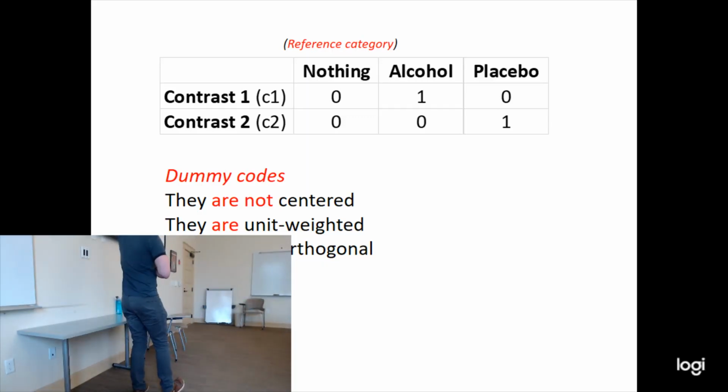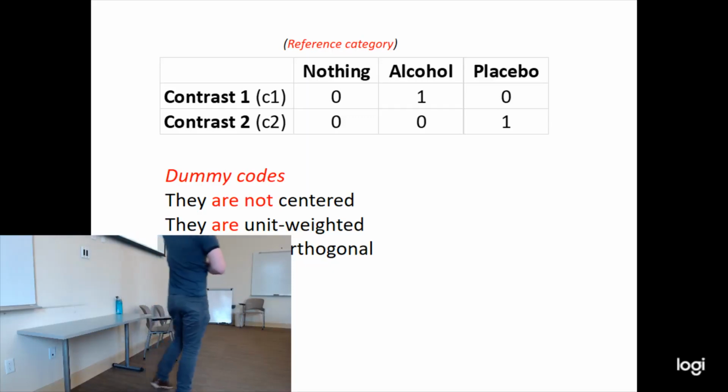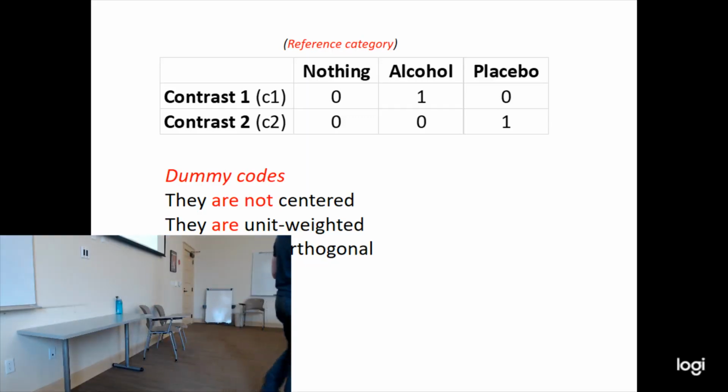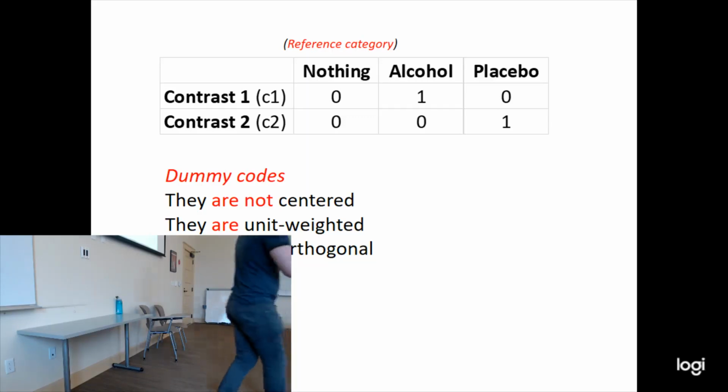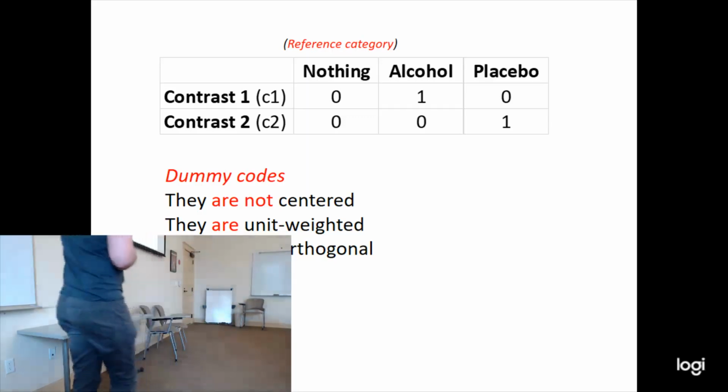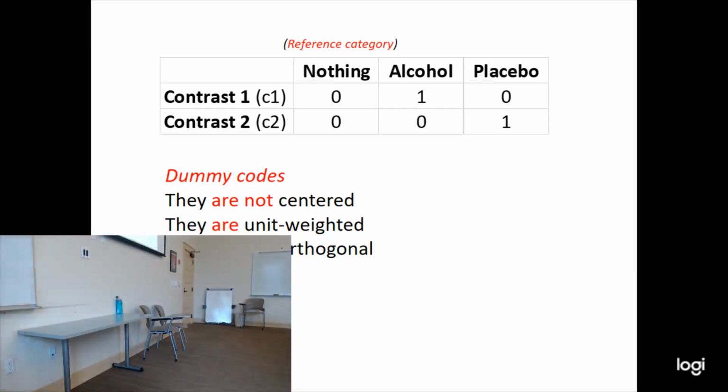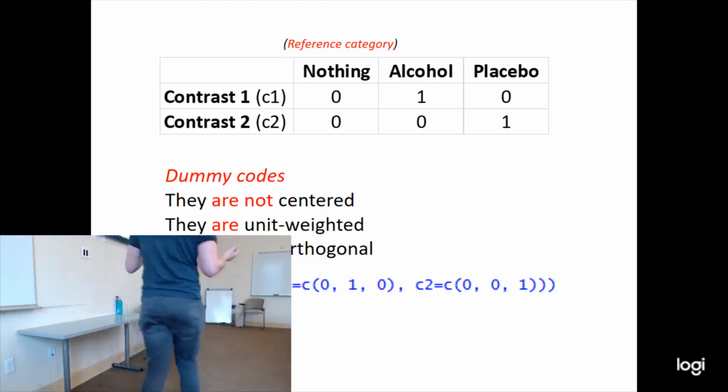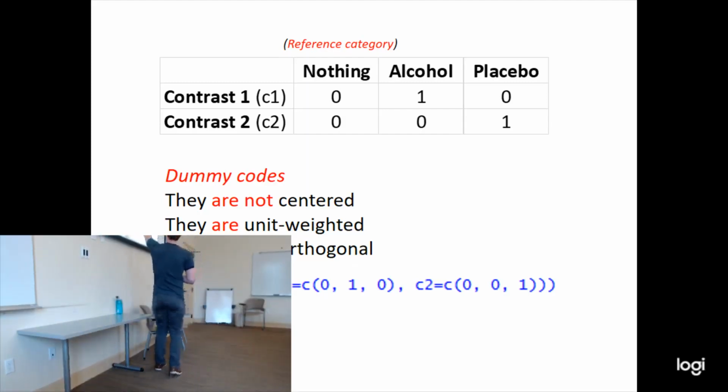The one last difference from planned orthogonal contrasts is that these are correlated. They're not orthogonal. That might be a little hard to see here, but if I ask R to tell me the correlation between 0, 1, 0 and 0, 0, 1, they're fairly strongly correlated: minus 0.5.